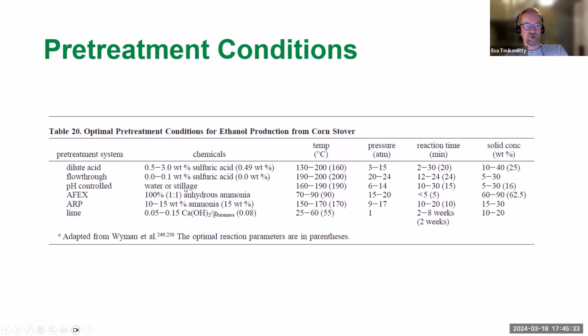For pH controlled, you use water, and AFEX uses anhydrous ammonia gas, the concentrated ammonia, and here there is a 15% water solution of ammonia. This is a base catalyzed reaction, so calcium hydroxide.